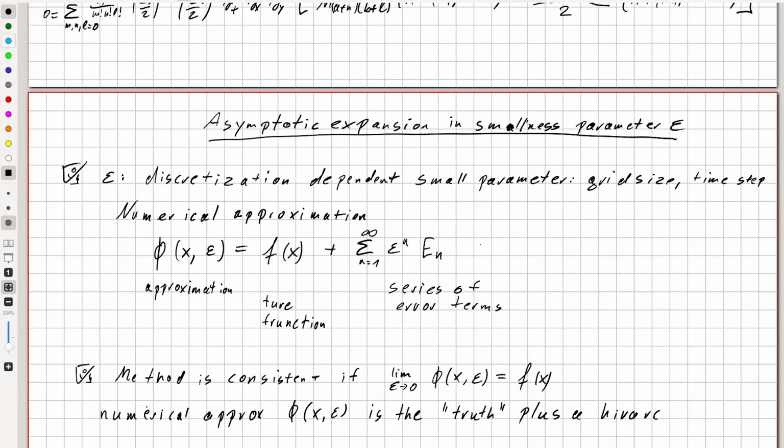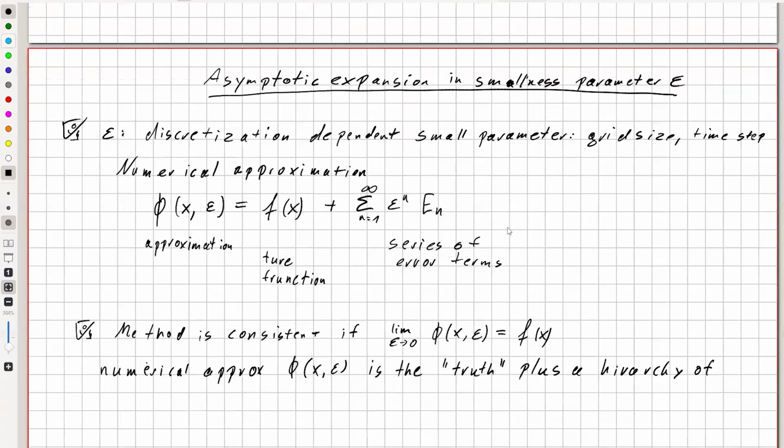Now we are assuming that we can write the error in this hierarchy, otherwise it doesn't work. A hierarchy of error terms, and these error terms are separated by powers of epsilon.